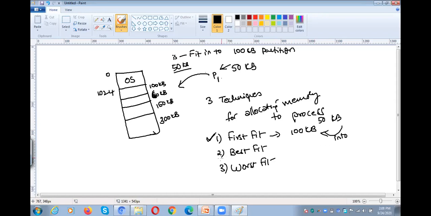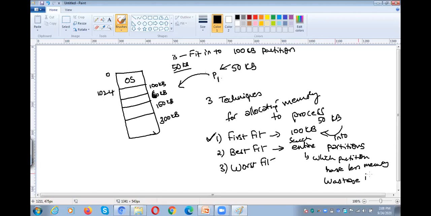Okay. And then what is best fit? Best fit will check each and every partition from top to bottom. That means it will search the entire partition list, and among those, choose the partition that has the least memory wastage if we keep the process there.